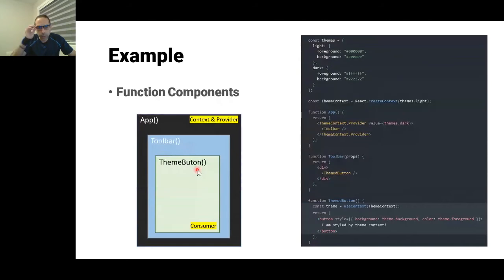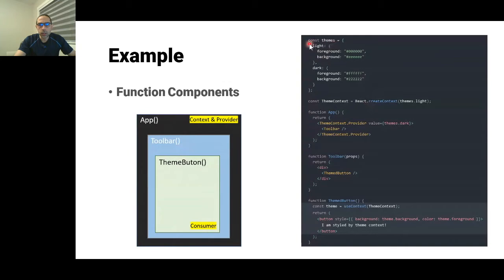What we would like to do here is style the theme button based on the theme that's defined in the context. As you can see here, the context and the provider are sitting in the app, and the consumer is the theme button. We have a middle component, which is the toolbar.